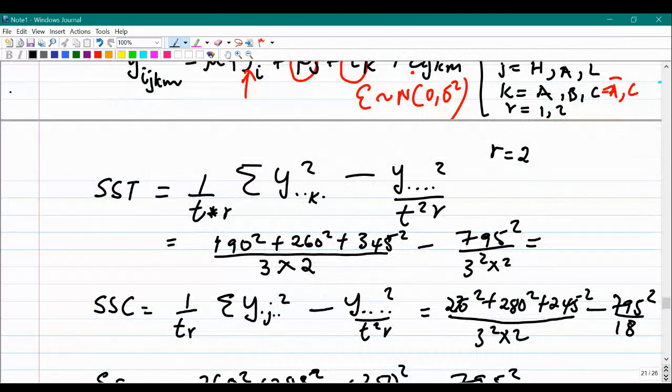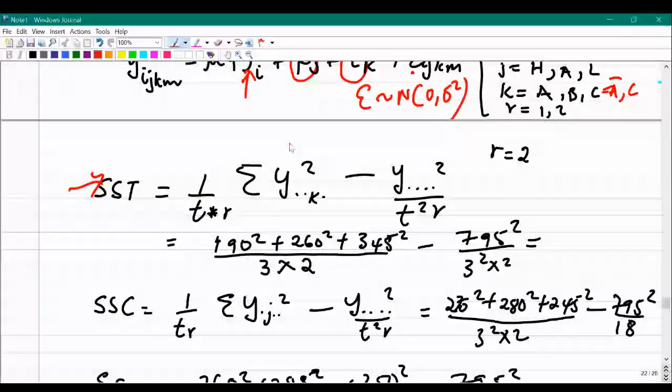We calculated this yesterday, leaders. I asked you to go and complete it. Your SS treatment went by this. Can you please give me the answer for SST? 2008.333.